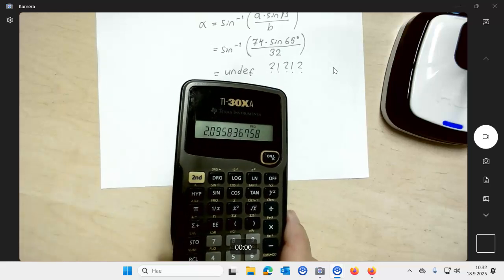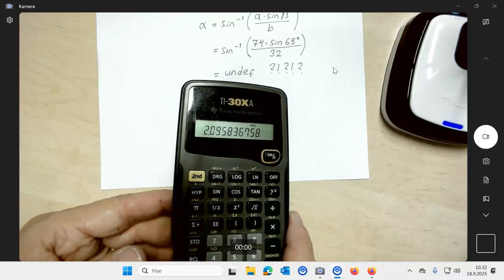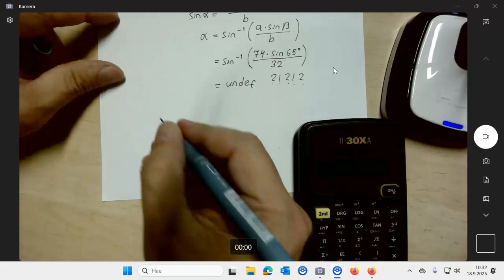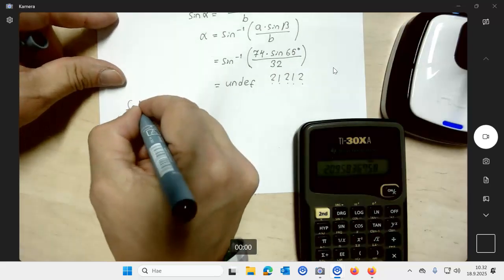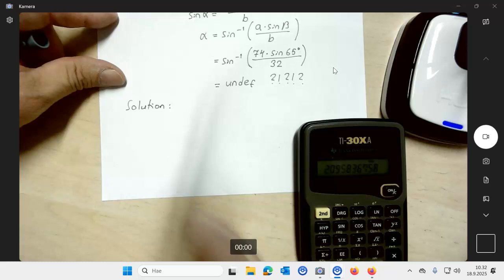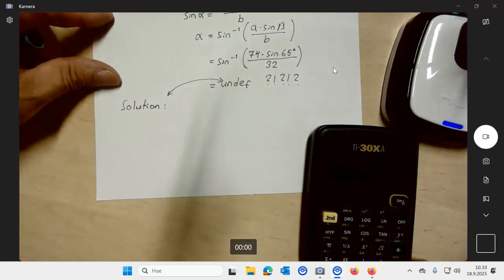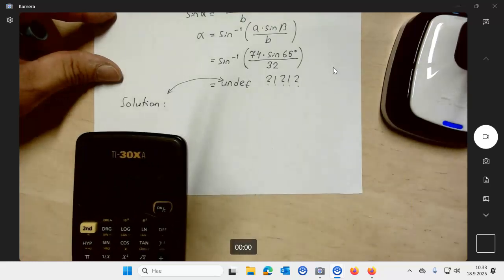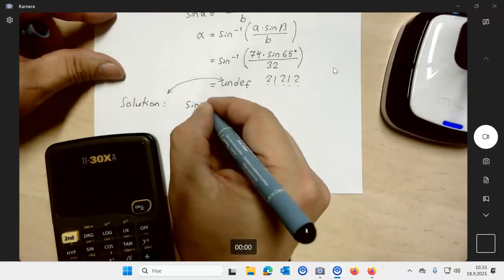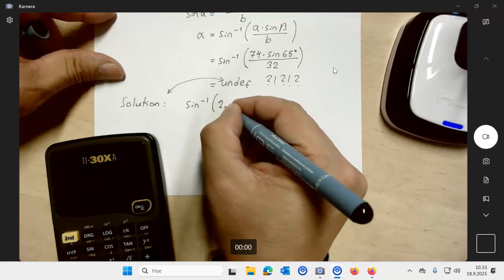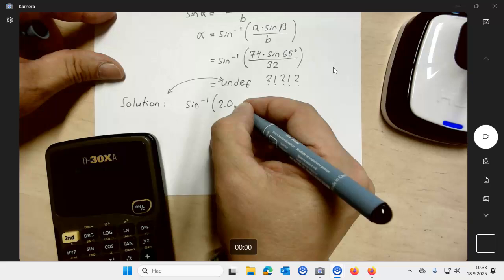Mostly you have to do it in steps on this old calculator, and this is the problem. The solution for this undefined result was that this will become inverse sine of 2.09, etc.